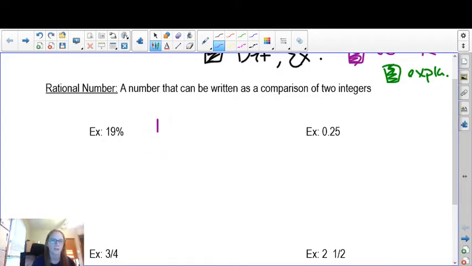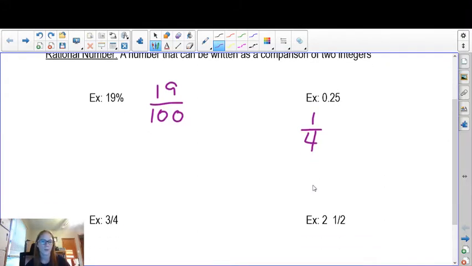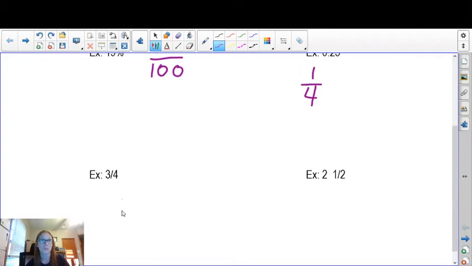And again, I'm trying to really work on my zeros. They look too much like 6s sometimes, and I get a little nervous. We can also say that 0.25 is a quarter, we should be used to that one. 3/4 is just 3/4.